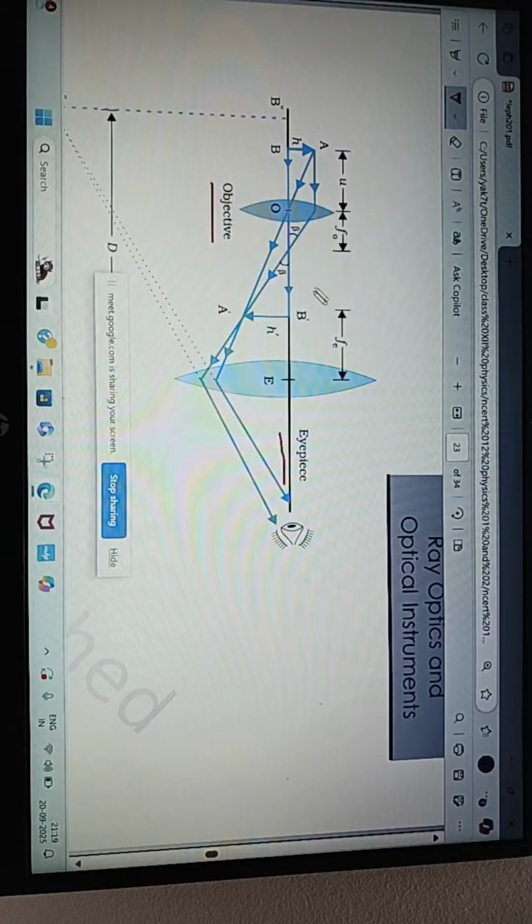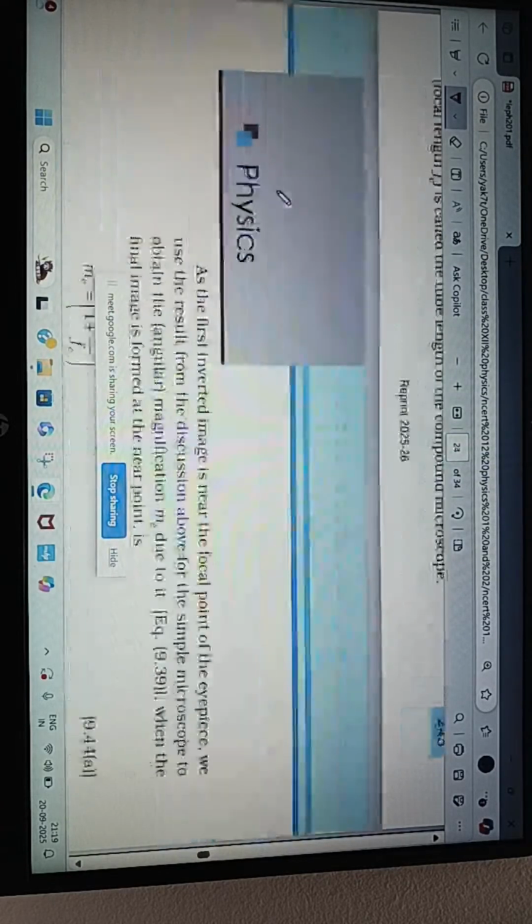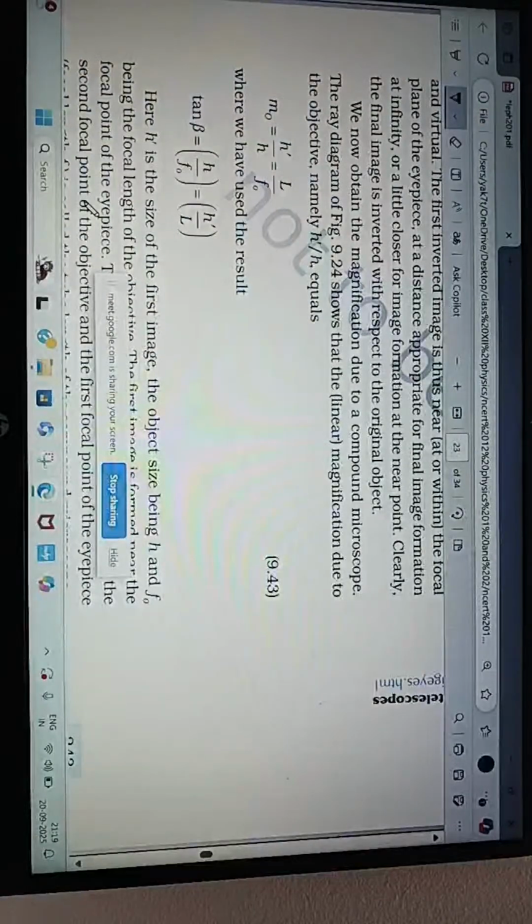V is this. This is called v. That is approximately L. So v by f0, what is f0?